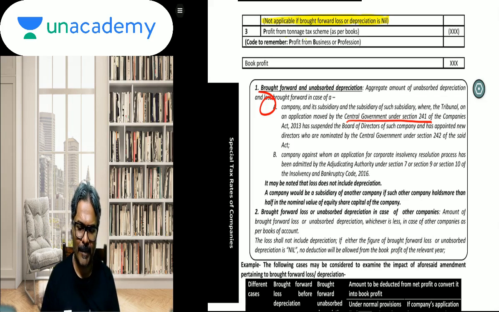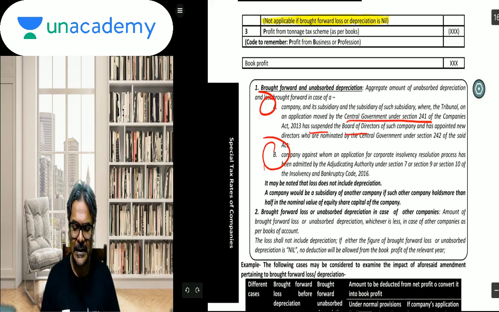In a 241 company, the central government has suspended the board and appointed their IAS officers to the board of directors. For that kind of company, both the unabsorbed depreciation and the brought forward business loss as per the books will be allowed to be adjusted.